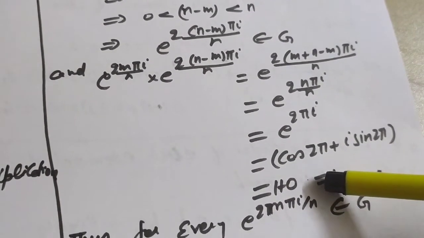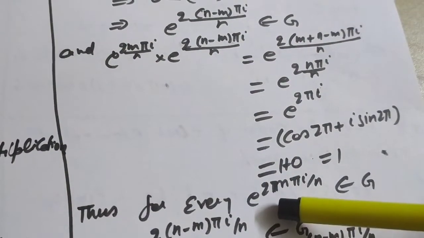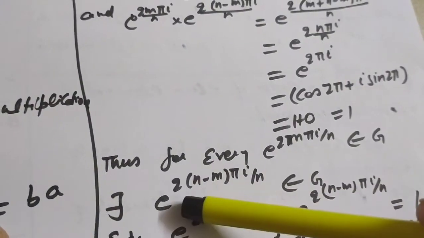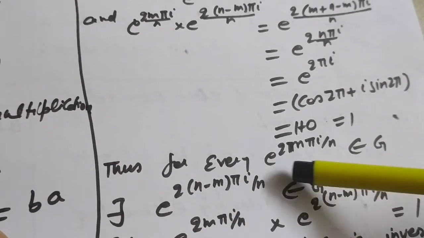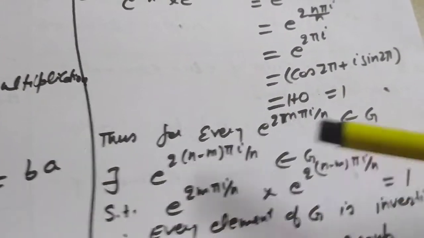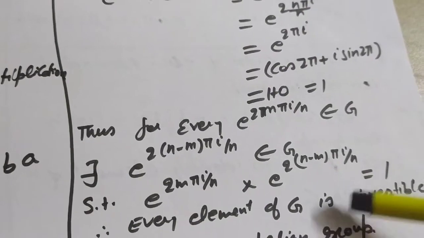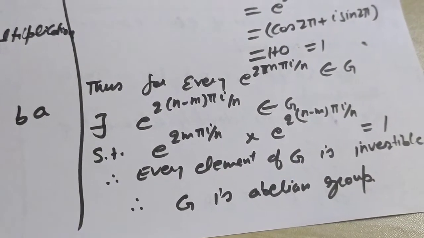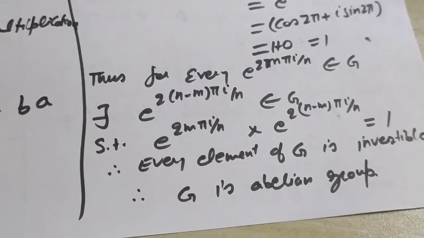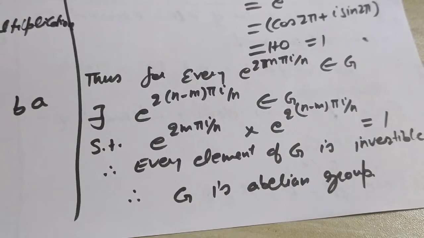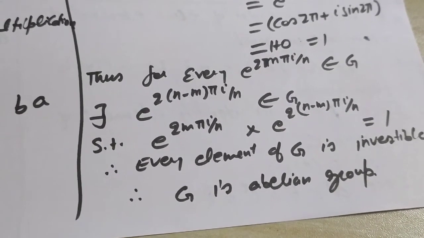This is nothing but 1. Thus for every element e raised to 2m pi iota over n, there exists e raised to 2 into n minus m pi iota over n belonging to G, such that the product of these two terms is 1. Hence every element of G is invertible. Therefore G is an abelian group, because I have proved all the properties of a group for the nth roots of unity. Thank you.